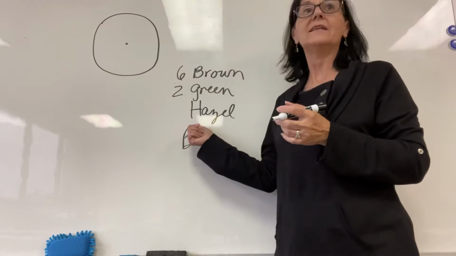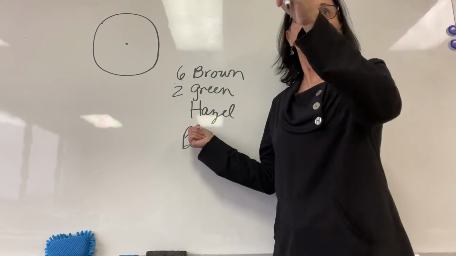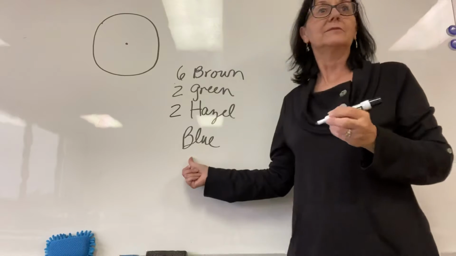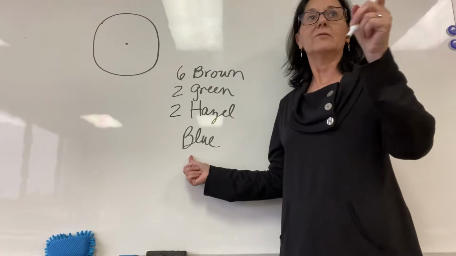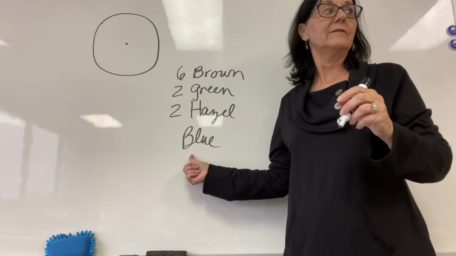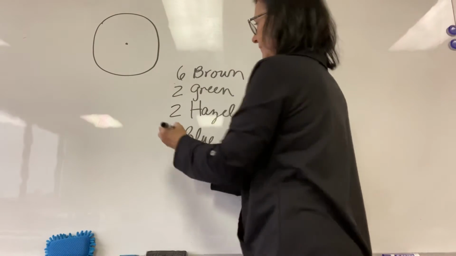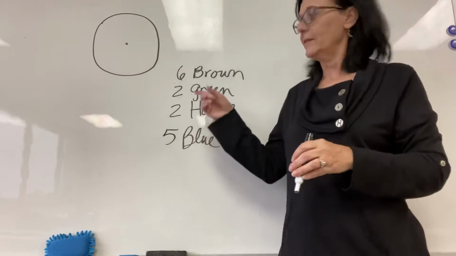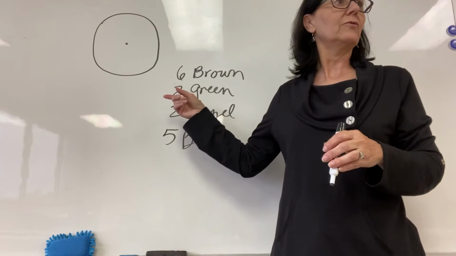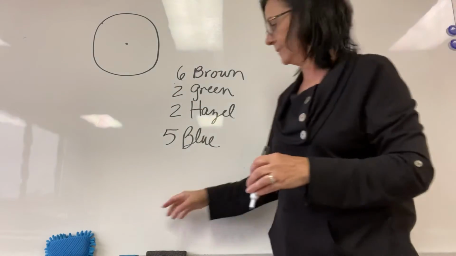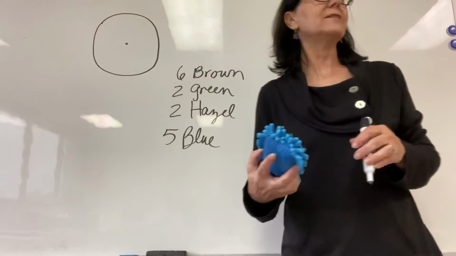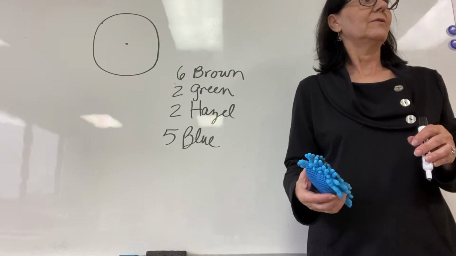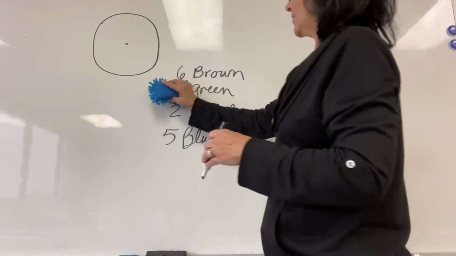Okay, how many hazels? 2 hazels. How many blues? 1, 2, 3, 4, 5. Is that everyone? No. Hannah, where do you fall? Green or hazel? Just pick one. Let's go with green. 3.